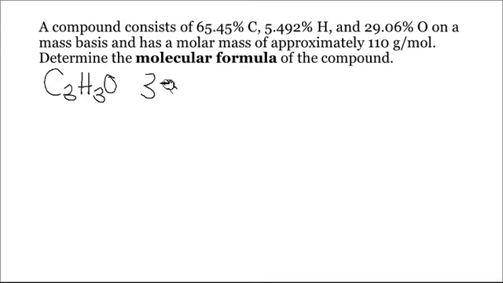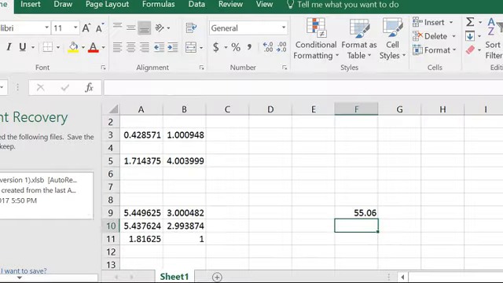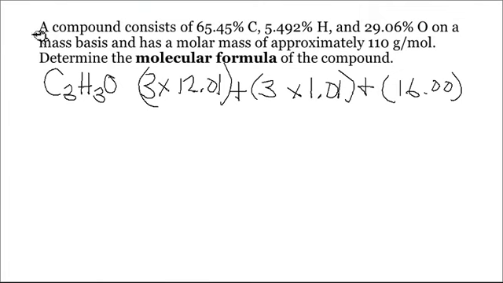So that would be 3 times carbon, so 3 times 12.01 plus 3 times hydrogen, 3 times 1.01 in the interest of time, plus 1 times 16.00. So this will give me the mass of the empirical formula. And when I did that math, I got 55.06 is the mass.